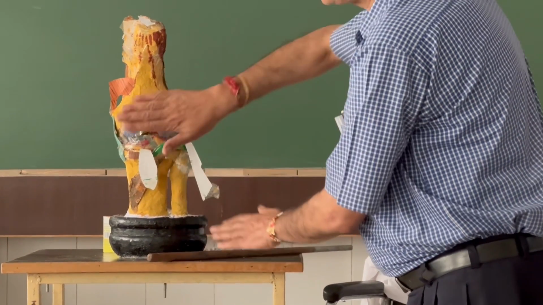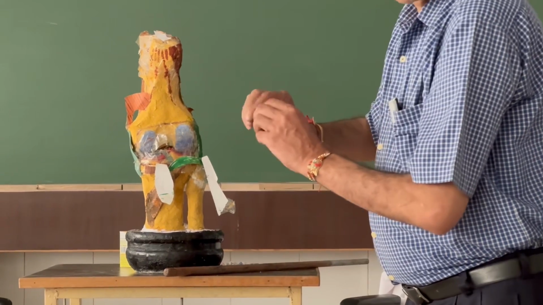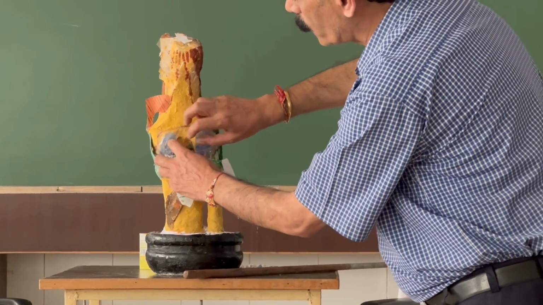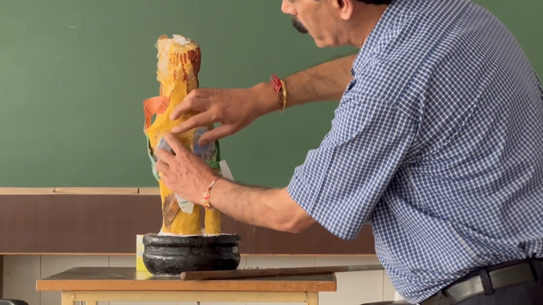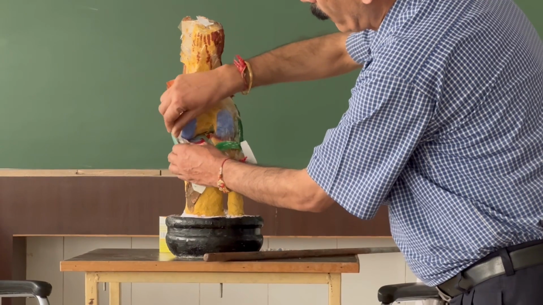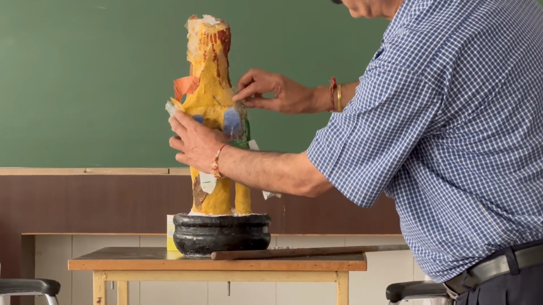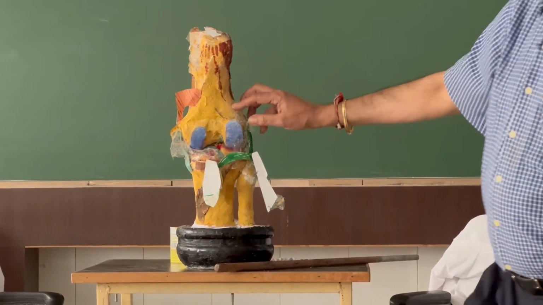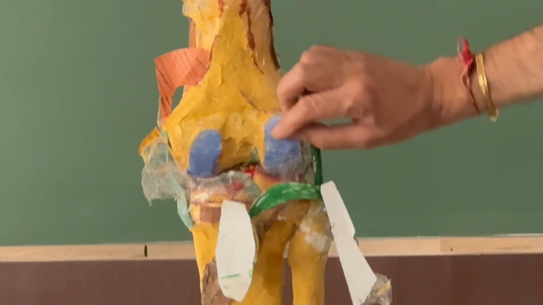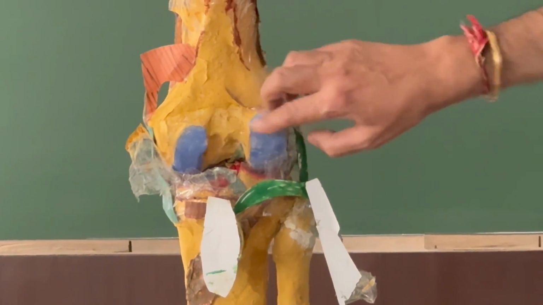This is the posterior part of the fibrous capsule, and we give a cruciate incision to the fibrous capsule to see the inside story of the knee joint. When we see the inside, what we see posteriorly, this blue represents the articular surface of the lower end of the femur.